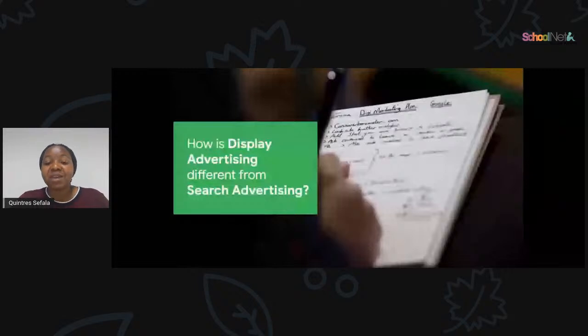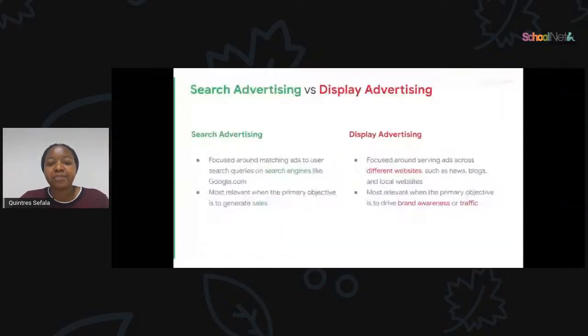So there's quite a big difference, as your display ads might be seen almost anywhere on the internet, but search ads will be limited to search engines such as Google, and will be text. It will be like text links and not image ads, right? Your search is focused around addressing search queries, and the likelihood of generating a sale is higher as we understand exactly what the user is searching for.